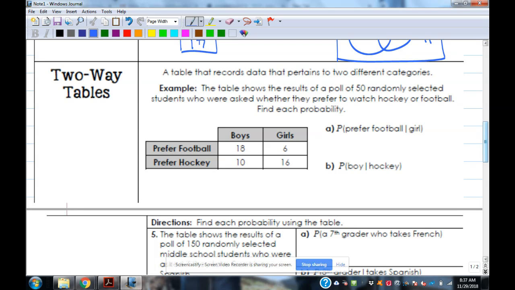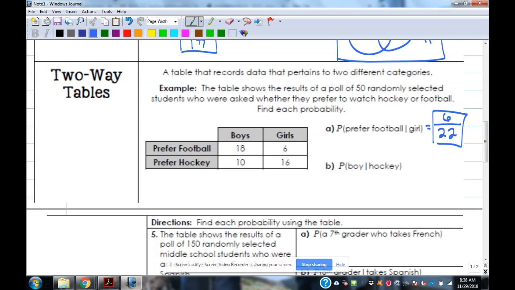Check again. 22. All right, 6 plus 16 is 22. So there's only 22 total. How many of those 22 prefer football? 6. So the two-way table is kind of like a Venn diagram. It's representing more than one category, where the Venn diagram is one situation.